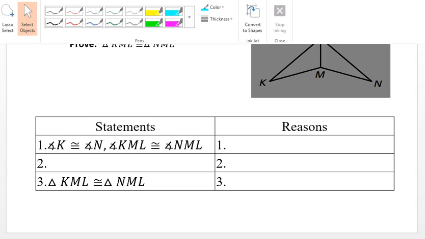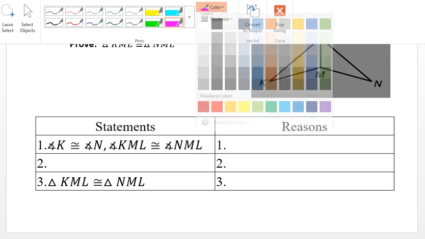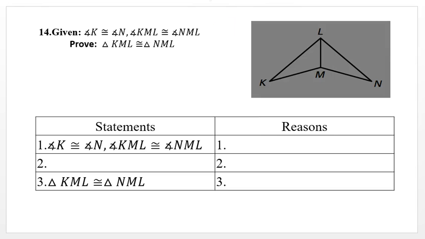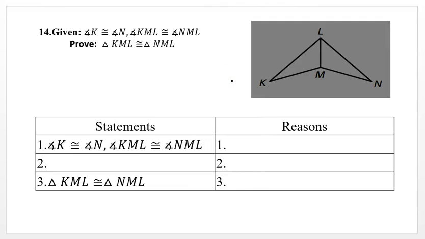So, first one, let me get this tool working properly here. All right. So for statement 1, you are going to write given, because that is the exact statement up here.